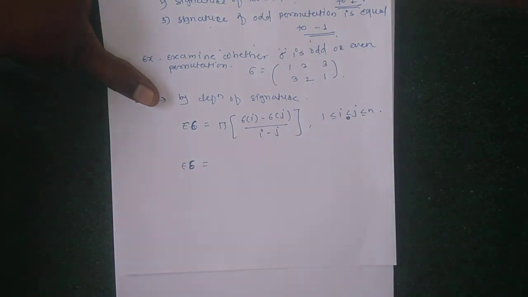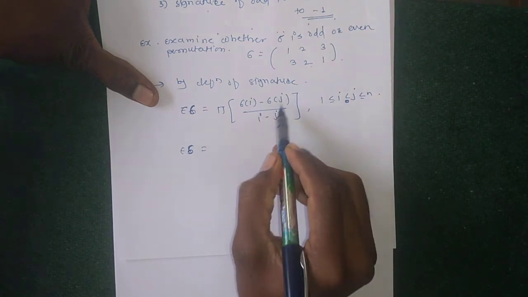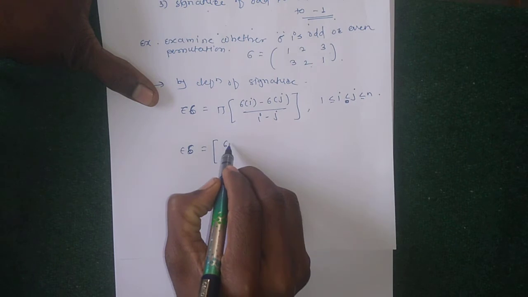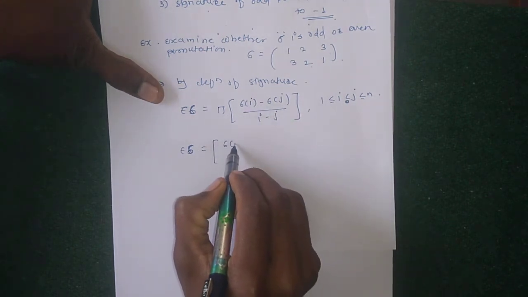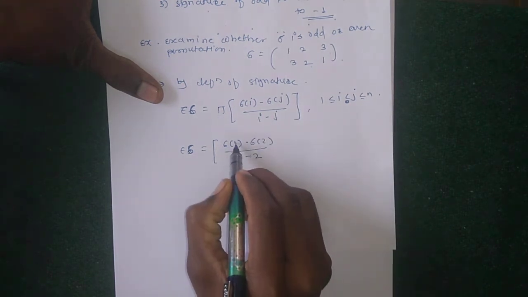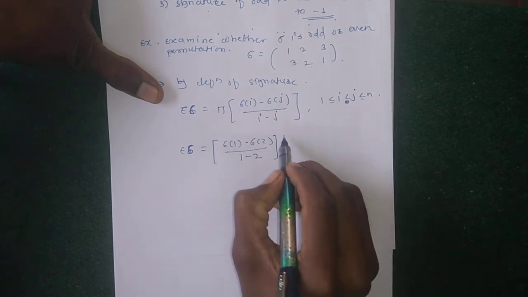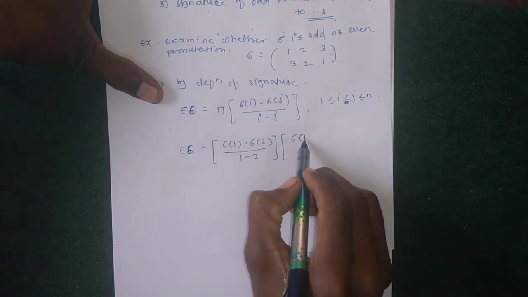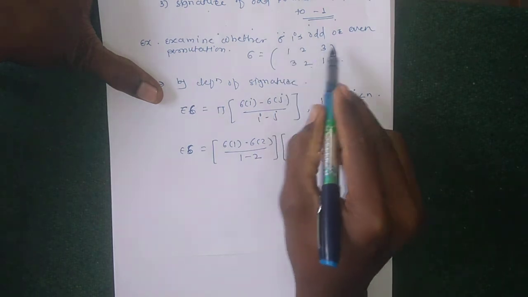So to find the signature, it is the product of sigma i minus sigma j divided by i minus j, expressed as sigma 1 minus sigma 2 divided by 1 minus 2. Next is sigma 1, where this is i and this is j.